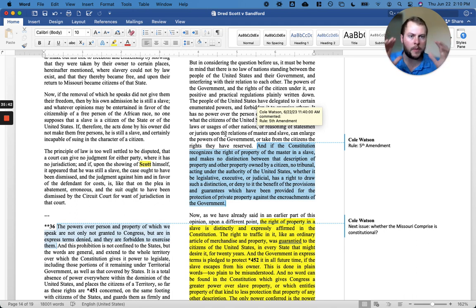But for our purposes, basic argument here is that property owners have a right to their property, and the Fifth Amendment says that no person shall be deprived of life, liberty, or property without due process of law. So the court is now taking it a step further and saying, wait a second, we have the ability to adjudicate whether a given law is constitutional within the confines of the Constitution.